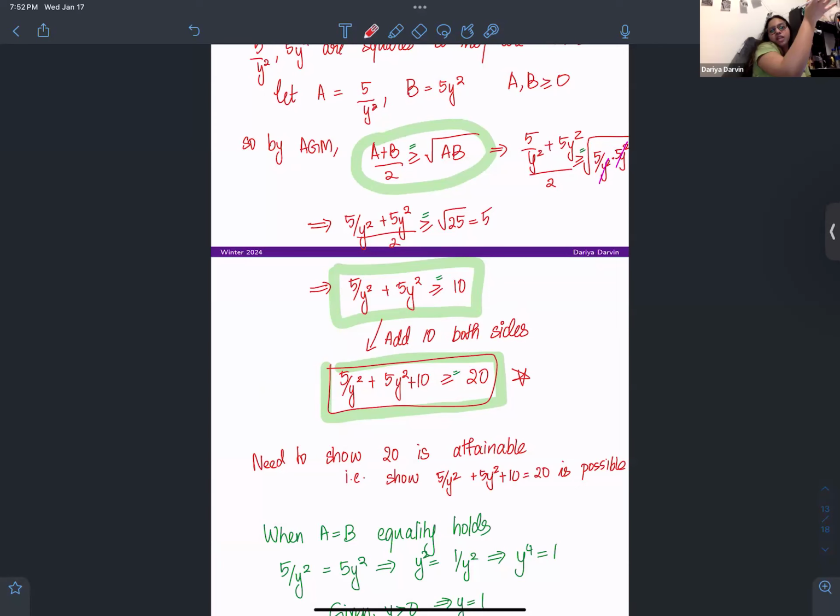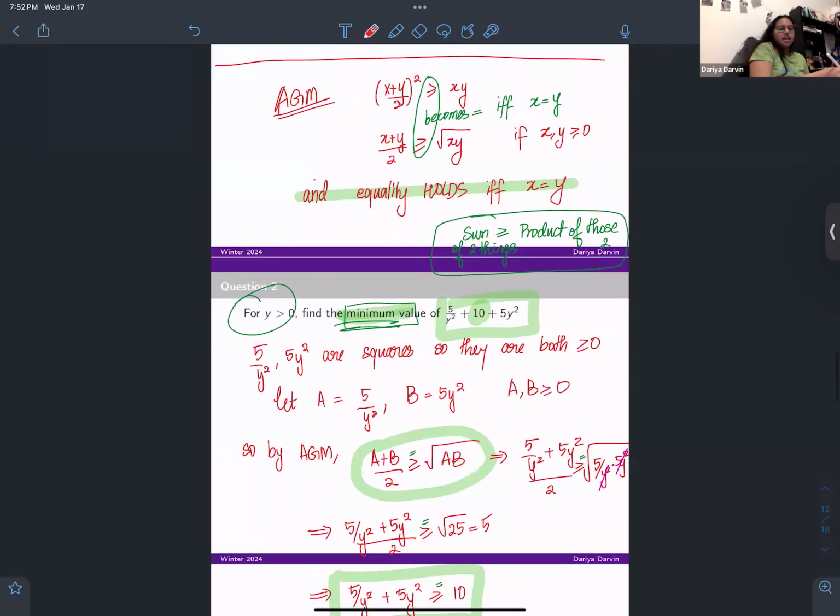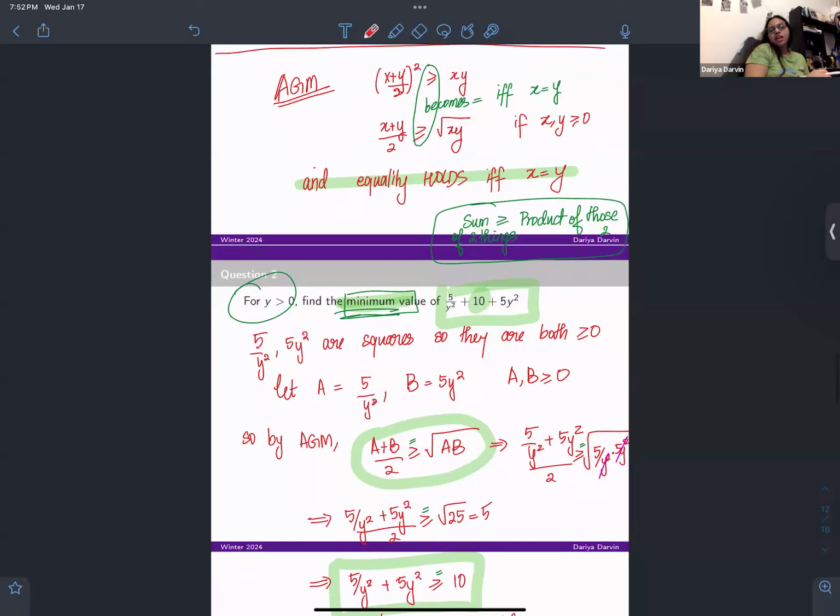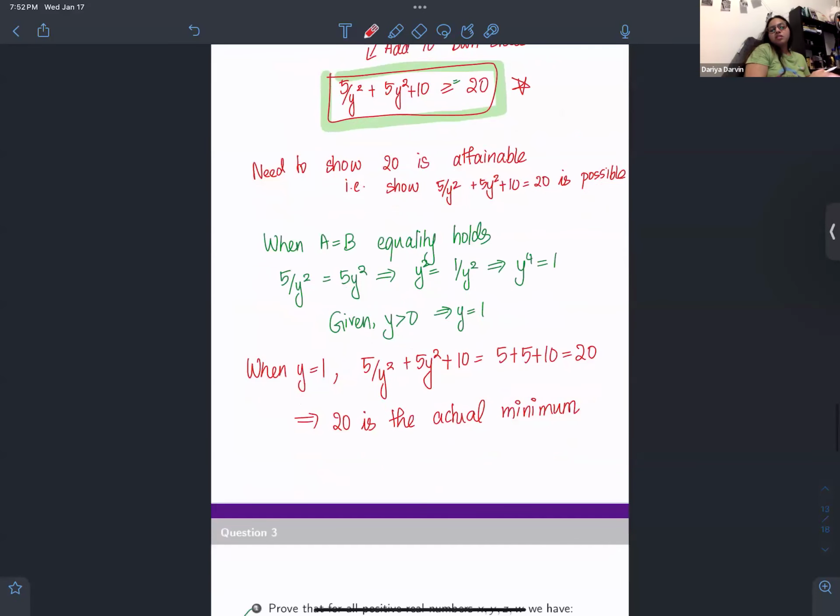The starting point was AGM. When does AGM become an equality? We go back to the theorem of AGM. AGM equality holds if and only if x equals y, which is capital A and capital B here. So we solve for y using that equation. We found y equals 1 and then we check, is it true? We plug it back in and we saw when y equals 1, this equation does become 20. So we can actually get 20. So 20 is the actual minimum. Does this make sense?